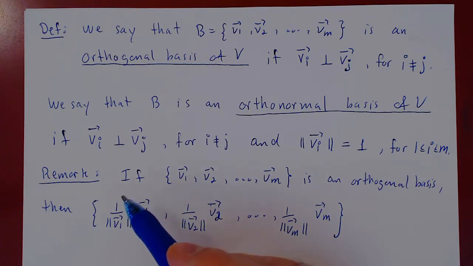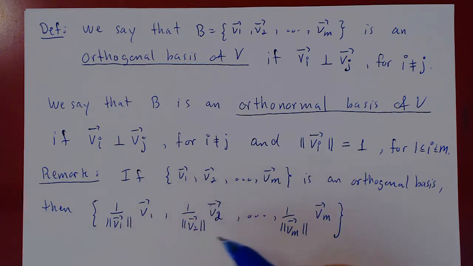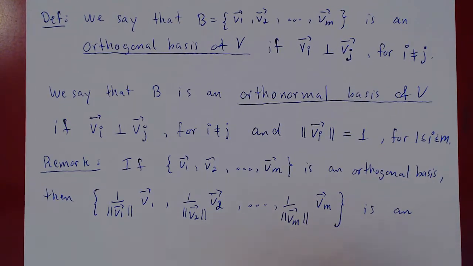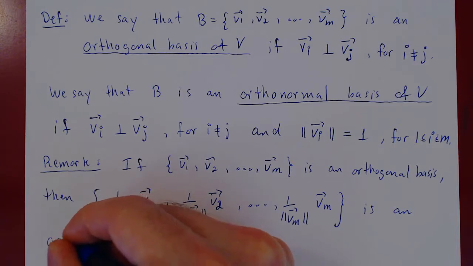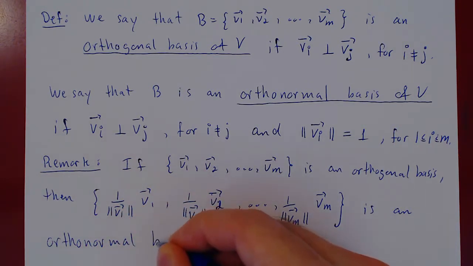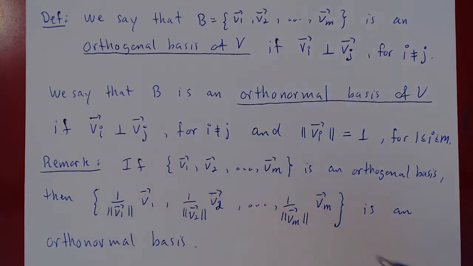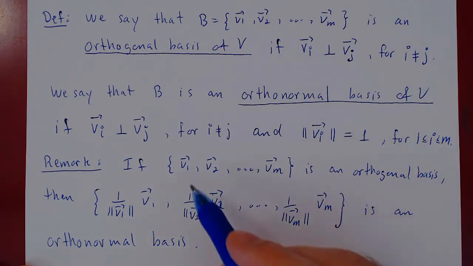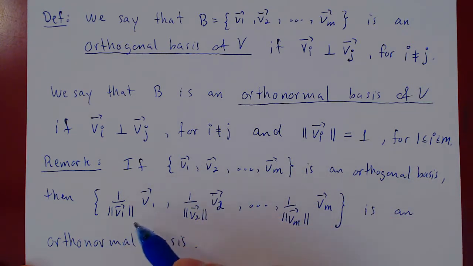But because the scalar is 1 over the norm of the vector, each vector has length 1. So then this is now an orthonormal basis. So once you have an orthogonal basis, it's very easy to get an orthonormal basis. Multiply each vector by 1 over its norm, and you have an orthonormal basis.